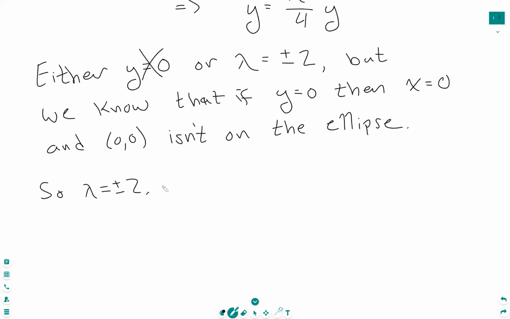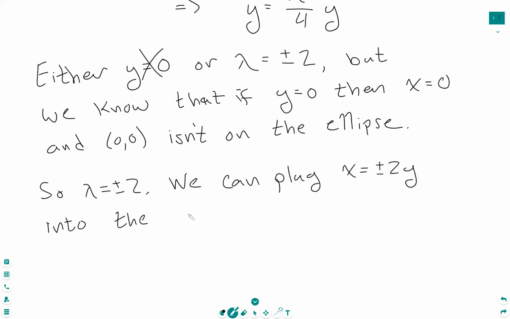So lambda is equal to plus or minus 2. We can plug in x: because x is equal to lambda times y, this means that x is equal to plus or minus 2y into the ellipse.